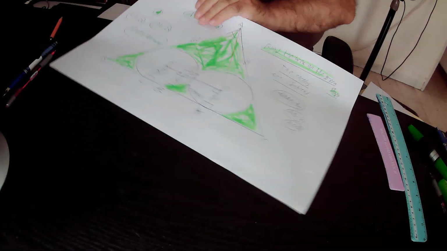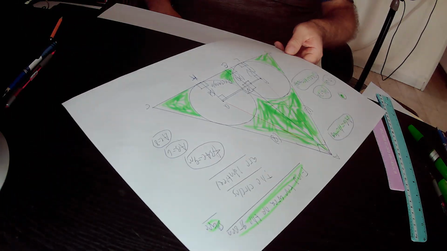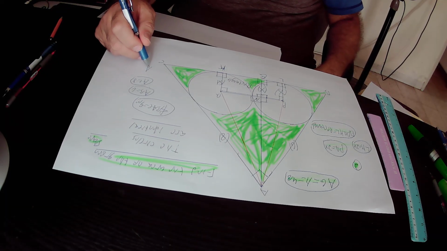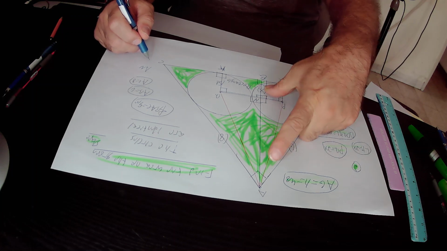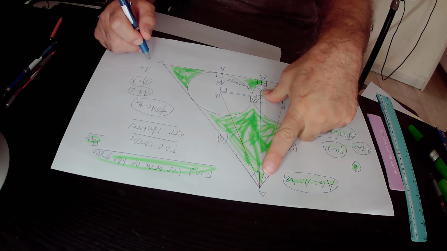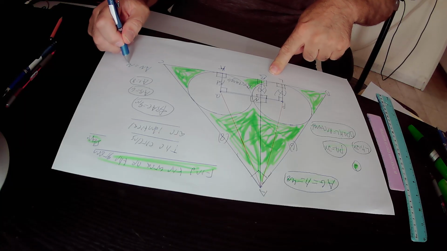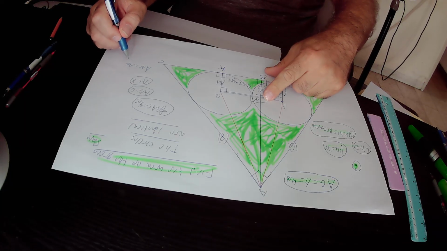Let me explain again. The height AN is equal to AG minus NG.